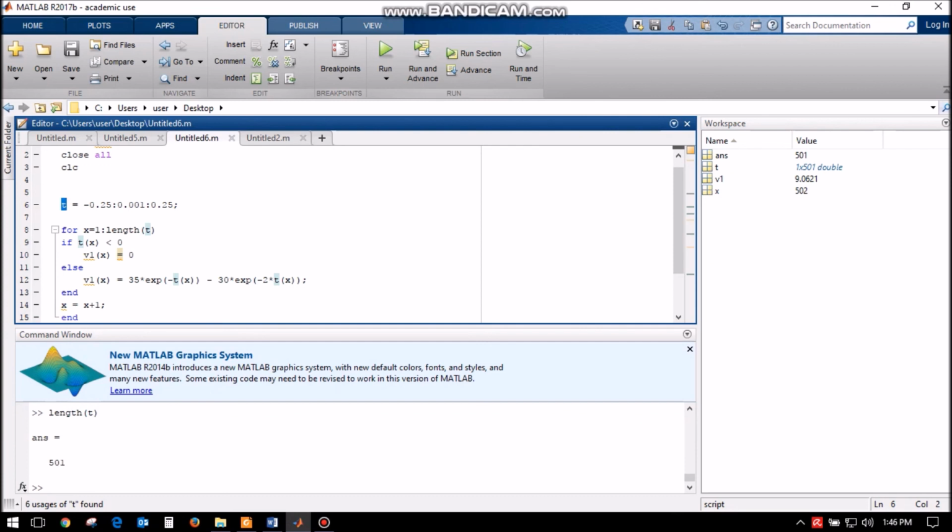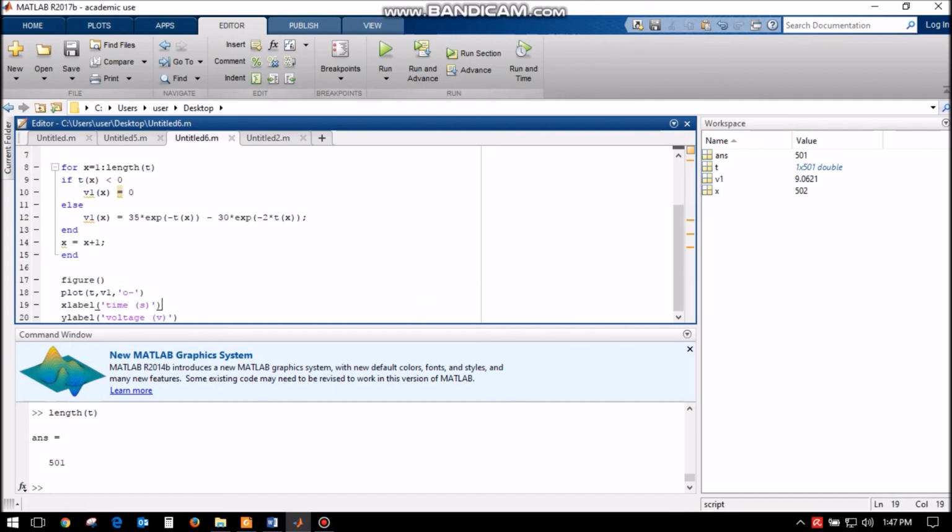So for the first x, x1, which is t1, which is negative 0.25, we will calculate the value, and it will do the loop, increasing 1 by 1, and then calculate v1.